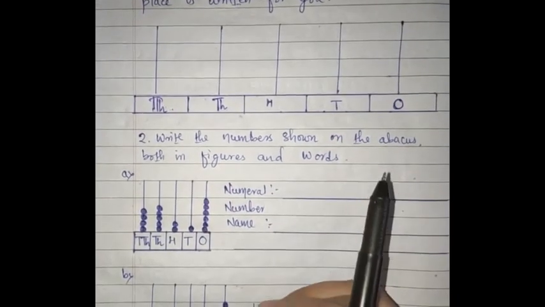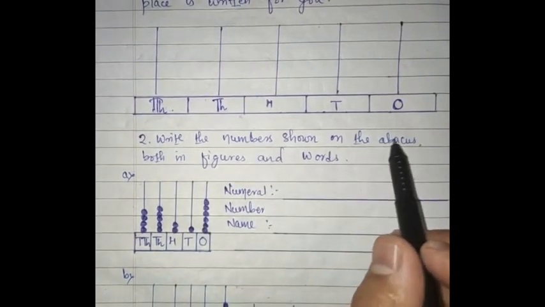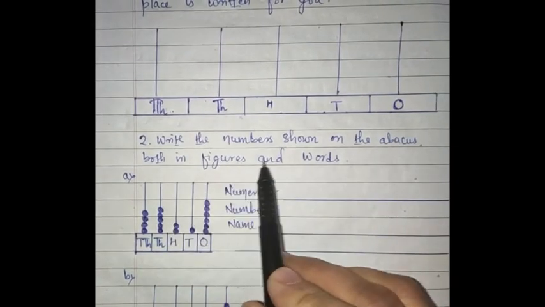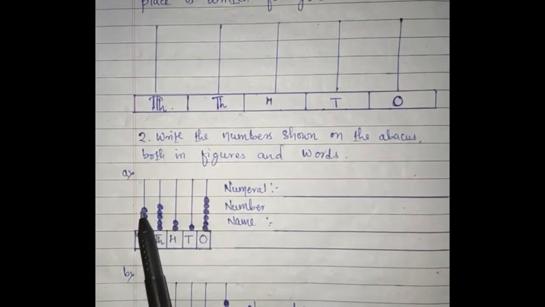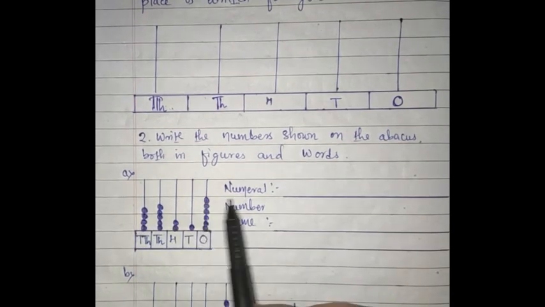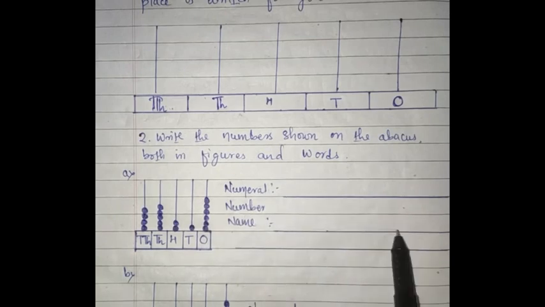Moving on to the next question. Write the numbers shown on the abacus, both in figures and words. So this is the abacus, and the beads, or the dots, will represent a digit. You have to count and write the numeral and the number name, that is, in words as well as in number form.